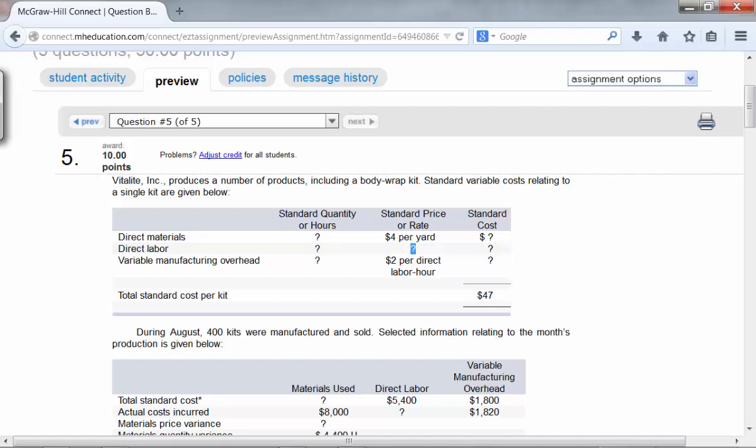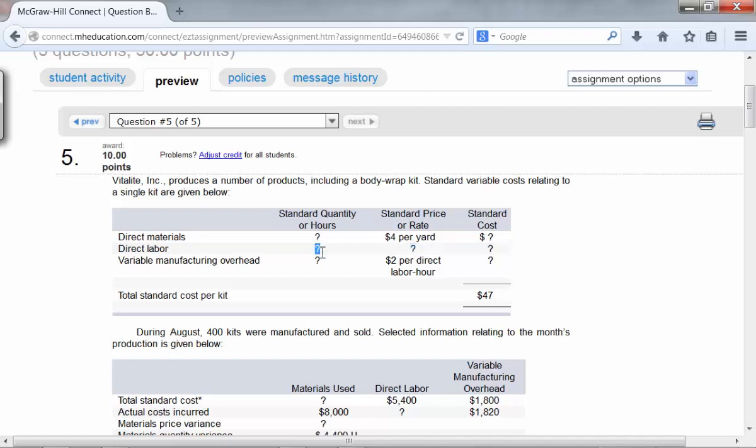All right. We already know what this is. We solved for this in part 1, I believe. It was 13.5. We know that 13.5 is the product of these two numbers right here. We just don't know either one of them. What we're going to do is we're going to find this one first. And then we're just going to take 13.5 divided by that to get our standard labor rate per hour.